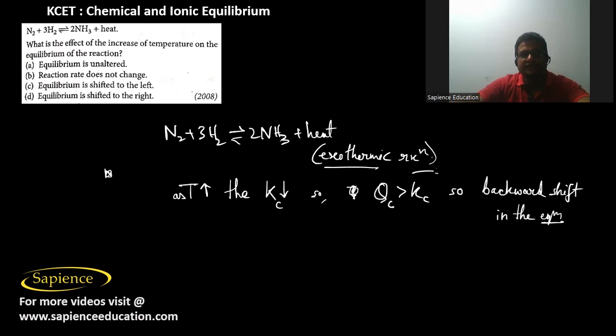So the equilibrium will shift backwards, towards the left. So option C is the correct answer. Qc means reaction quotient. Since the equilibrium constant decreases, the reaction quotient will be higher than the equilibrium constant. So there is a backward shift in the equilibrium.